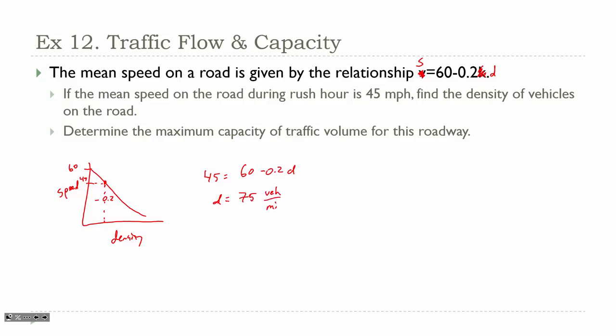Determine the maximum capacity of traffic volume for this roadway. So using the terms here, VM equals DJ times SF over 4. We know what SF is, 60. How do we find DJ?